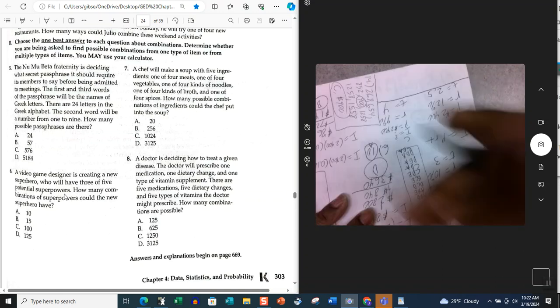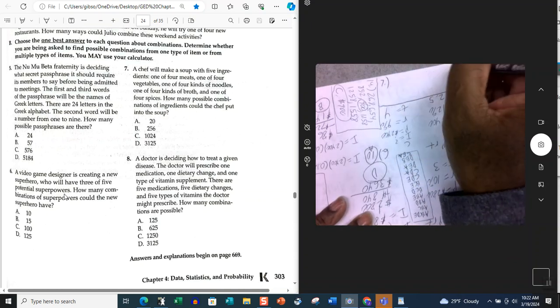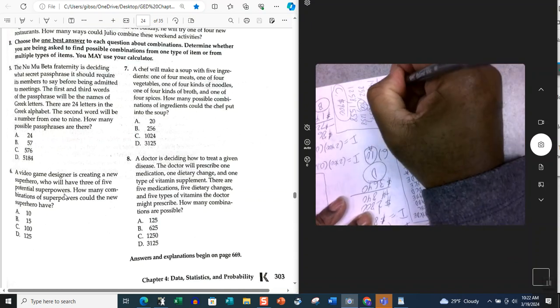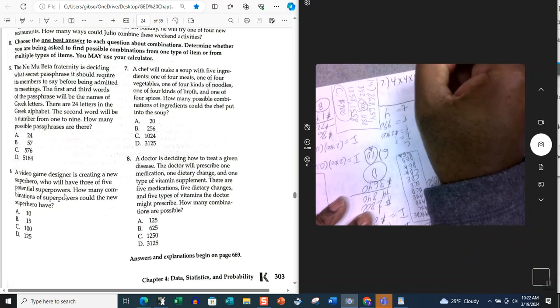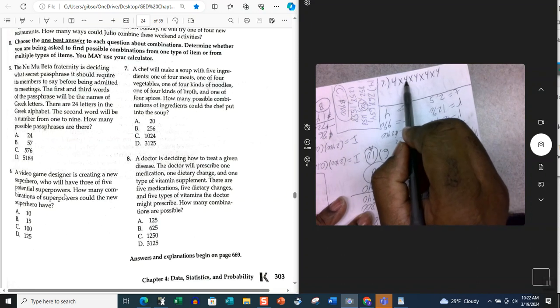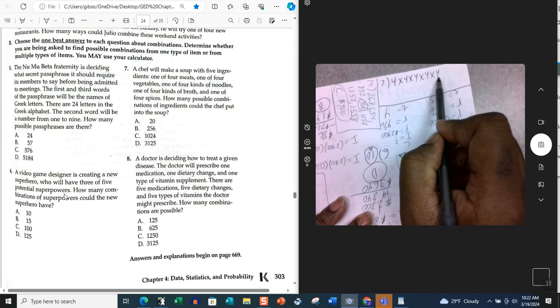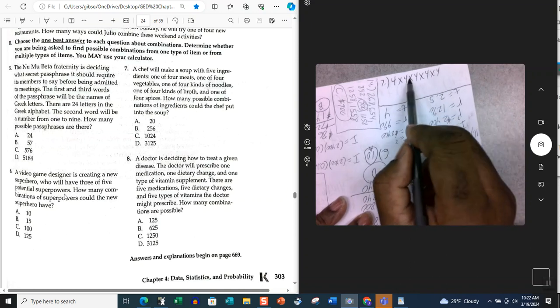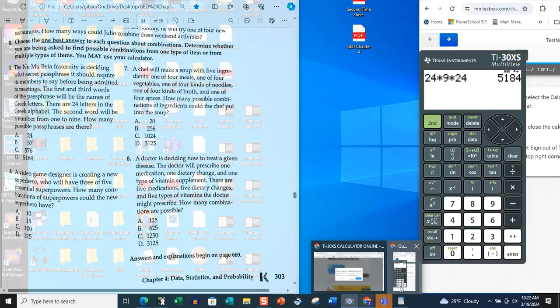So we do number 7. It's 5 different ingredients, but each one of them has 4. So we will write 4 5 times. So that's 4 meats, 4 vegetables, 4 noodles, 4 broths, and 4 spices. Now, when we multiply all of these together, this is actually for problem number 7.